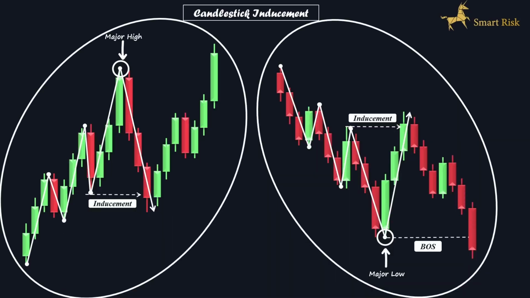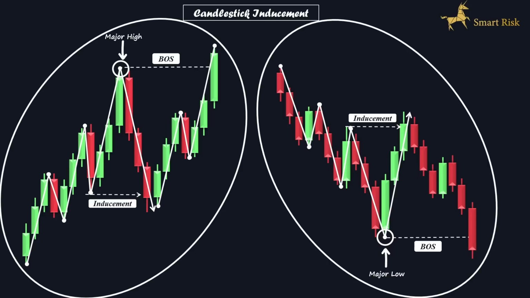If you look at the bullish diagram, you can see that the price has broken out and closed above the latest major high, indicating valid inducements and also a valid break of structure. Here, we have identified a valid break of structure. Now, after the break of structure, where is the potential inducement area? We can see that the price created an internal pullback before it broke and closed above the recent major high.